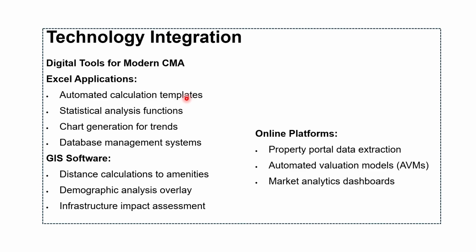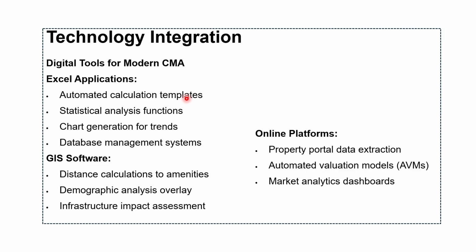Sometimes these big organizations, lending companies, do have their own proprietary database management system where they put all this data. Sometimes there are certain agencies which are selling data also. So that is basically there.